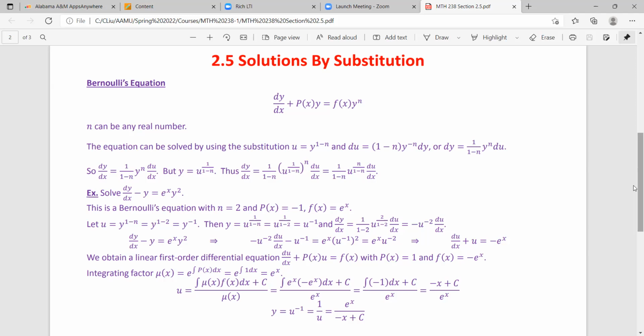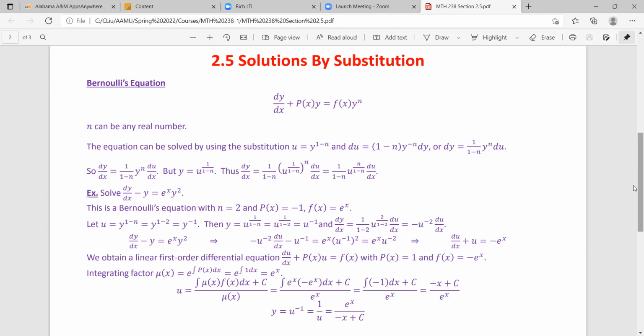And remember, y equals u to the 1 over 1 minus n. If you rewrite u equals y to the 1 minus n, you just take the 1 minus nth root on both sides to get y. And then plug that in for y.